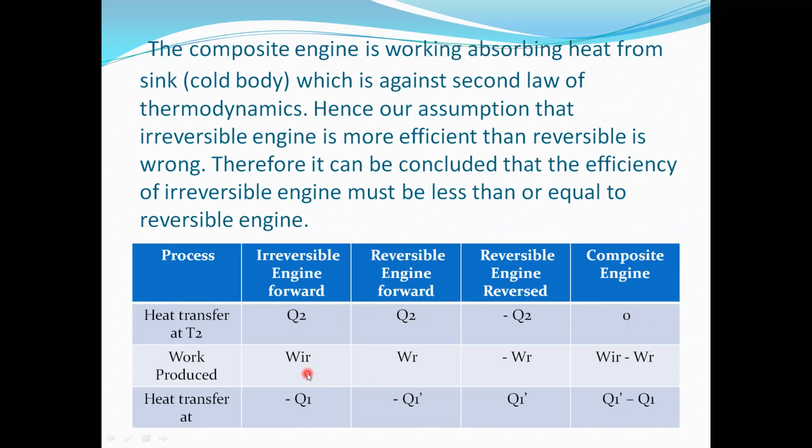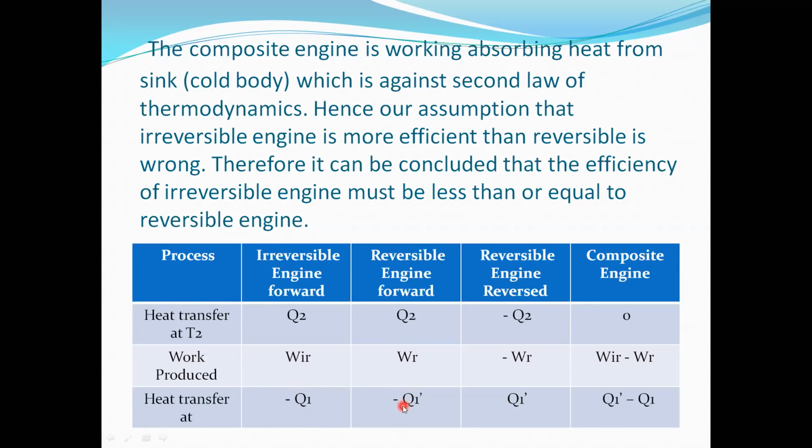Now WIR, second column minus third column, WIR minus WR. WIR is the work produced in the irreversible engine, and WR is the work produced by the reversible engine. And lastly the heat transfer. This minus Q1, फिर माइनस होगा, माइनस लेके ब्रैकेट में ये क्वांटिटी आएगी माइनस Q1 डैश. तो ये माइनस और ये माइनस क्या होगा? प्लस होगा, प्लस Q1 डैश.